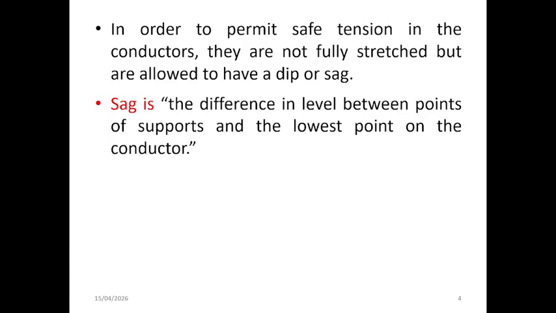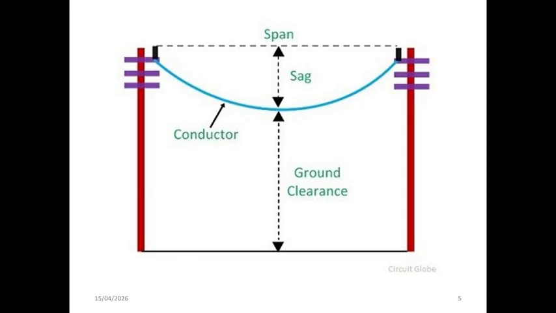By allowing this curve, the tension in the conductor is reduced to a safe level, minimizing the risk of damage or failure. In summary, sag is not a flaw, but a necessary and controlled feature in overhead line design that helps maintain the balance between mechanical safety and reliable system performance.